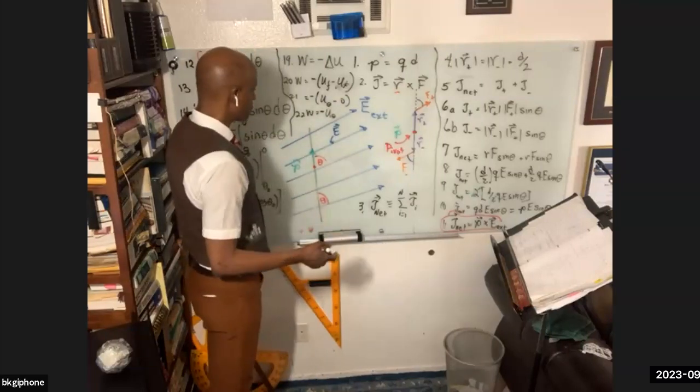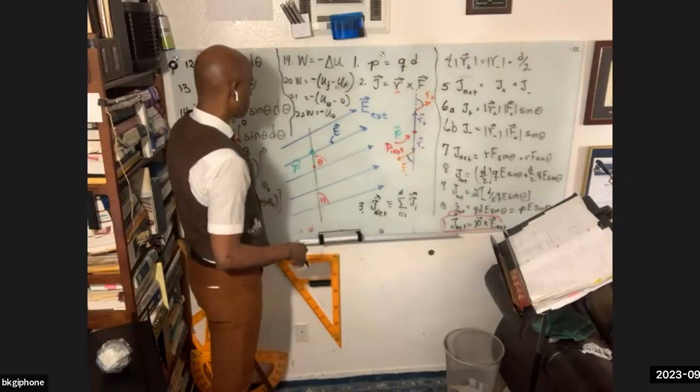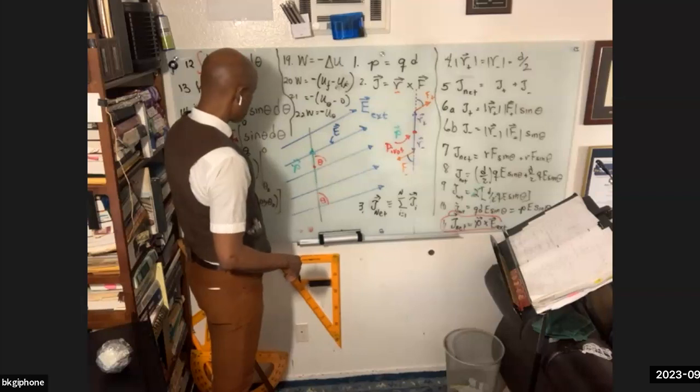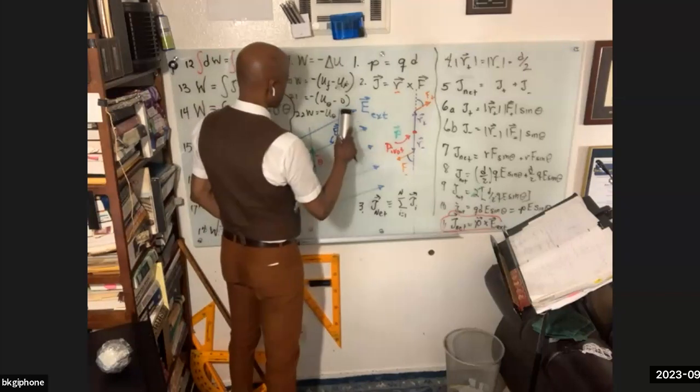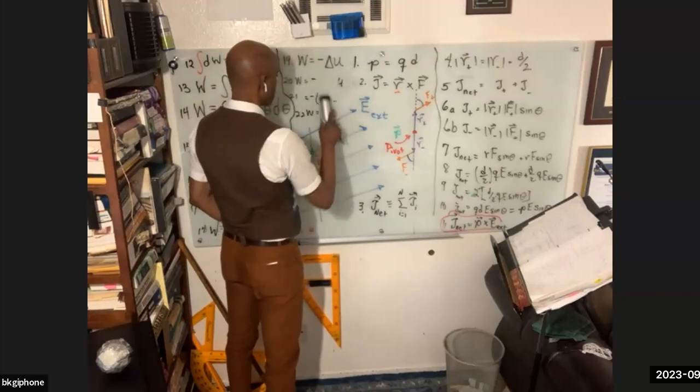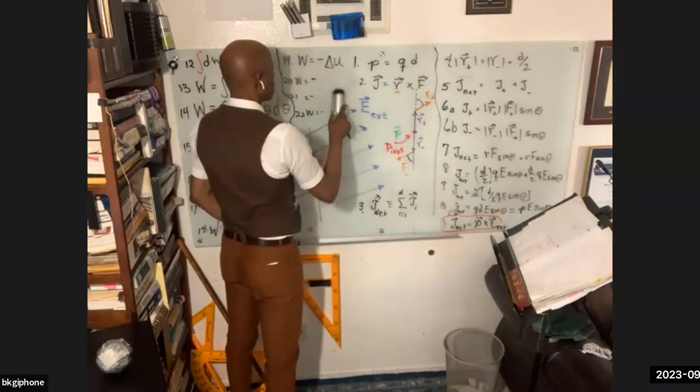Well, it's really the change in potential energy. Or maybe that's all we need. Maybe that's another way to think about it. I like that argument. I like that better.